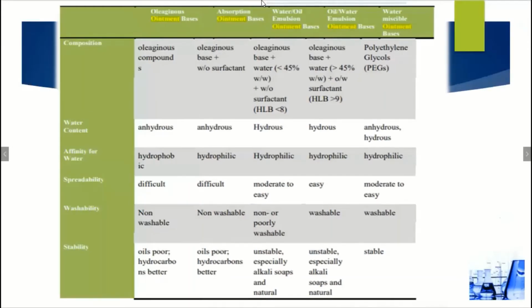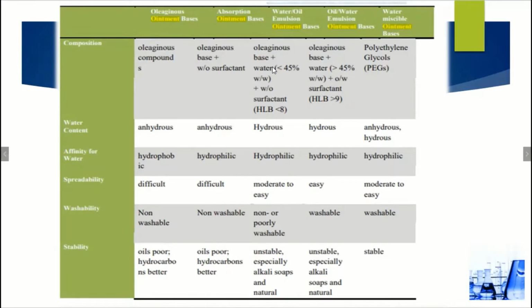Then comes the water in oil emulsion base, that is an oleaginous base to which we add water, which should not be greater than 45%, and a water in oil surfactant whose HLB should not be less than 8. It is hydrous in nature, it is not anhydrous.